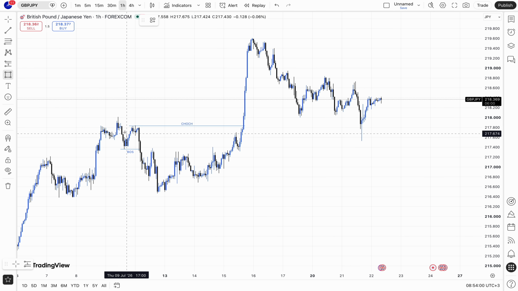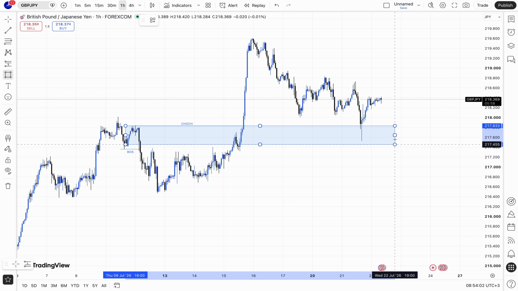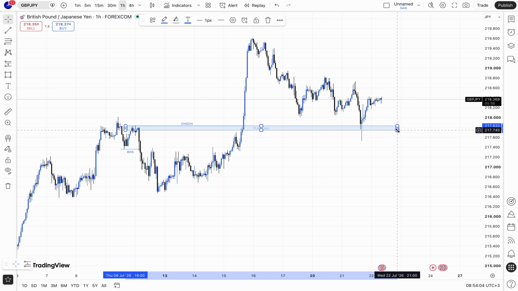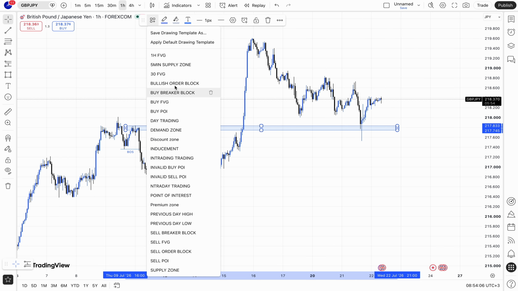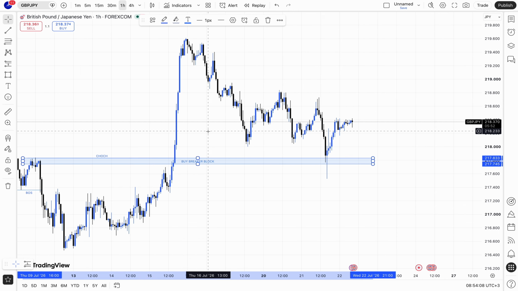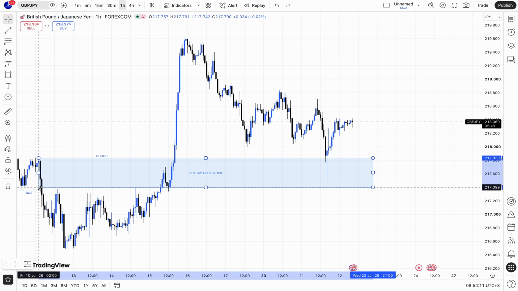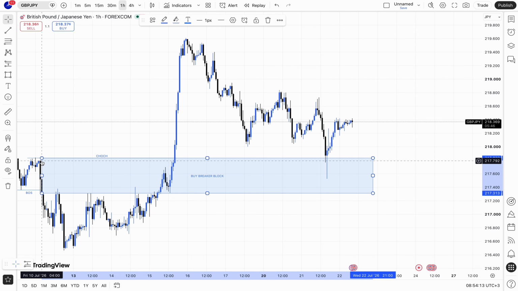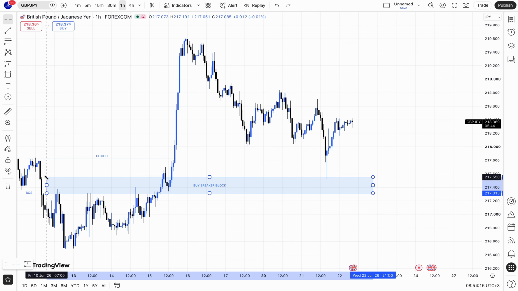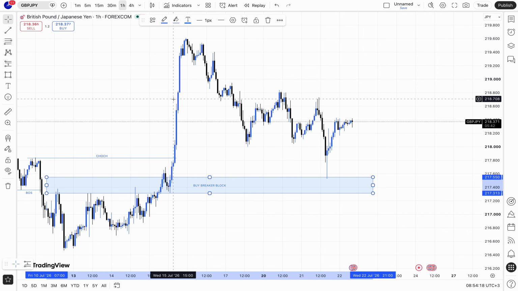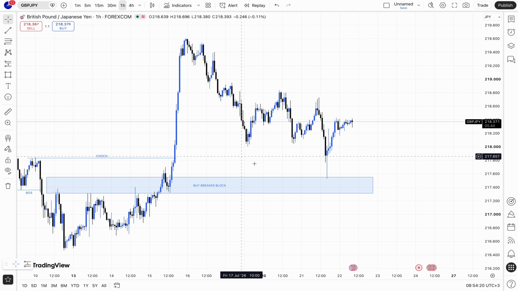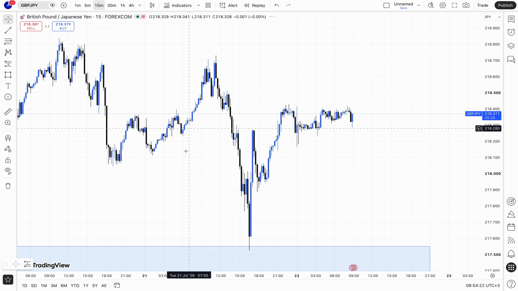And if you can understand here, we had our breaker block. It was extremely clean. Price came in, tapped into this area, then continued to the upside.